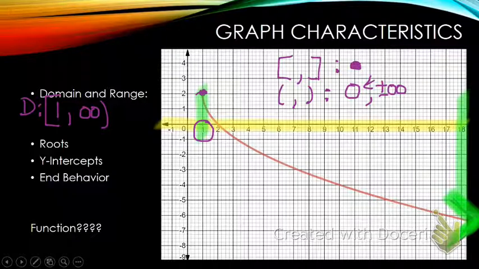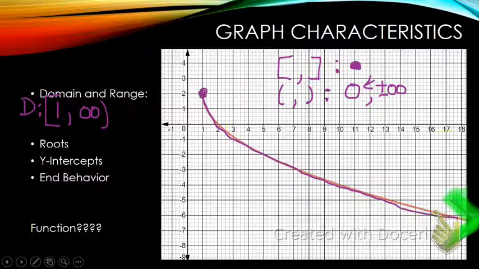That is domain. Now, I'm going to erase this so you can see this. Put my little circle back in there. The range, okay? Notice this graph is sloping downwards. So hopefully by now you've figured out that this is probably a reflection over the x-axis. It's a decreasing curve.